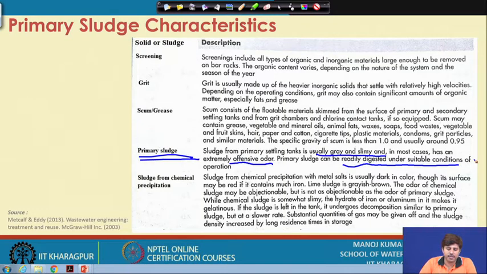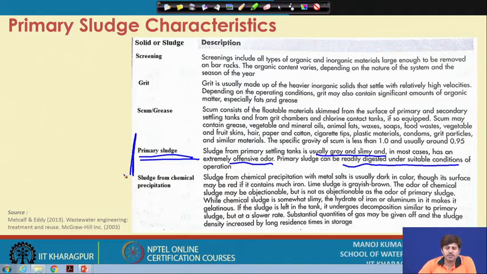Many times the primary sludge may contain a significant amount of organic compound, but if there are very fine inorganic solids not removed in the grit chamber, even with higher specific gravity, they will also settle in the primary sludge. So, the characteristics can vary depending on the source, the climate, the region, and the living habitat of the people.